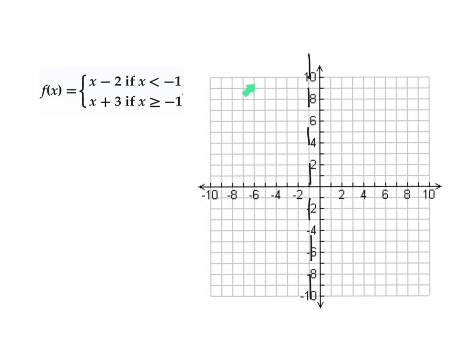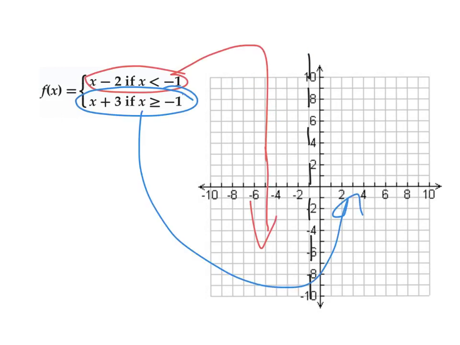So I have two things going on. What I've circled in red, where it's less than negative 1, that function is going to be on the left of the boundary. The second part that I circled in blue, greater than or equal to negative 1, is going to be on the right side of that boundary because that's where it's greater.